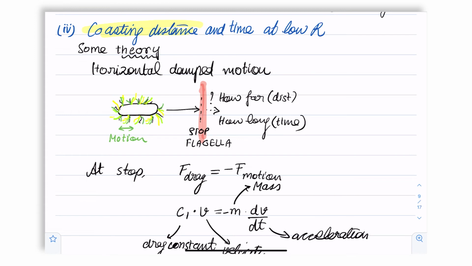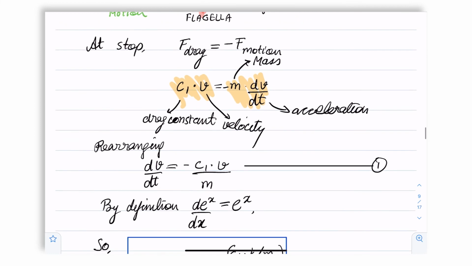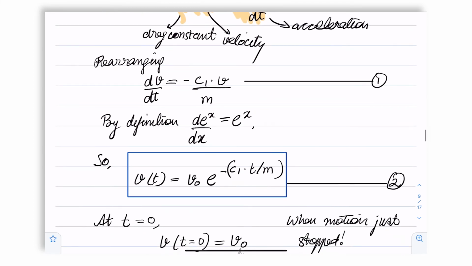Force due to motion can be written as ma, which is m dv by dt, and drag force is written as c1 times v. c1 is in turn the drag constant, v is the velocity, and m is the mass. Rearranging, we get dv by dt is equal to minus c1 v by m.